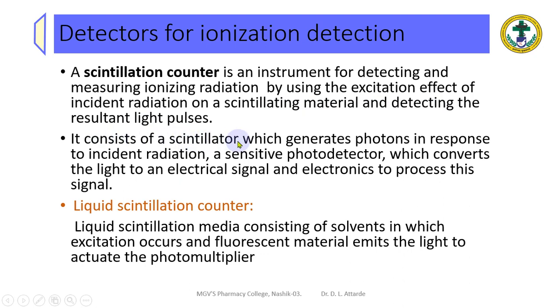So, it consists of a scintillator which generates photons in response to incident radiation, a sensitive photodetector which converts the light to an electric signal, and electronics to process this signal. In a liquid scintillation counter, the liquid scintillation medium consists of a solvent in which excitation occurs. Fluorescent material emits the light to activate the photomultiplier.